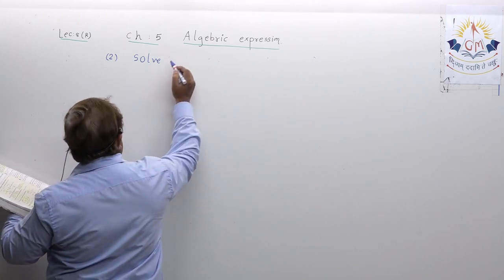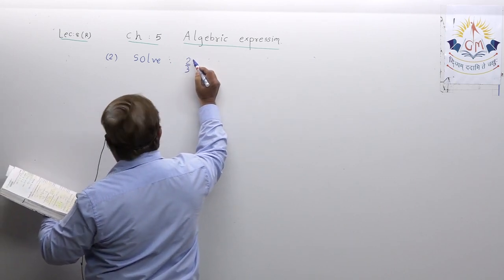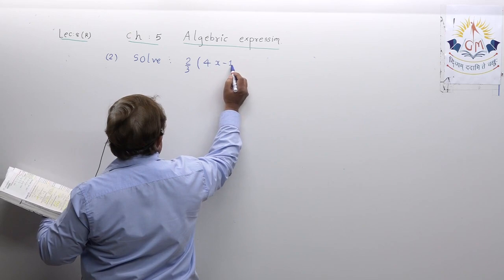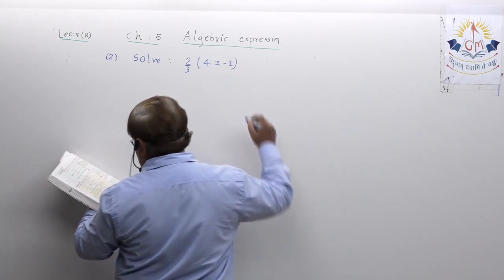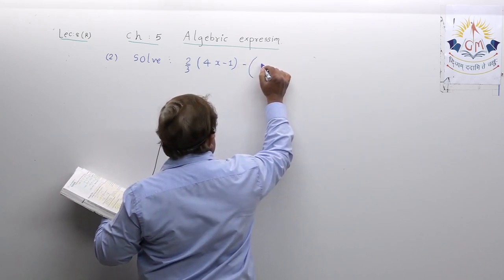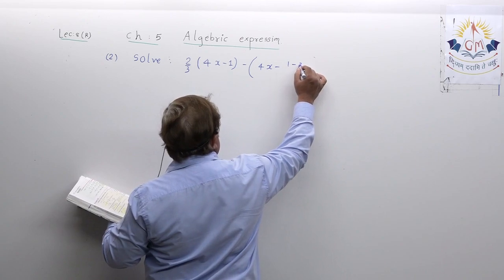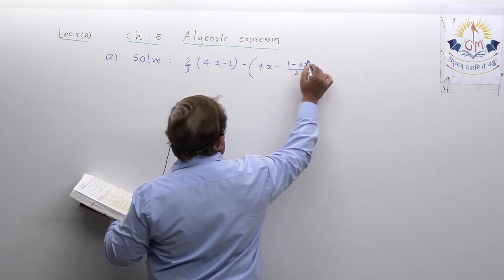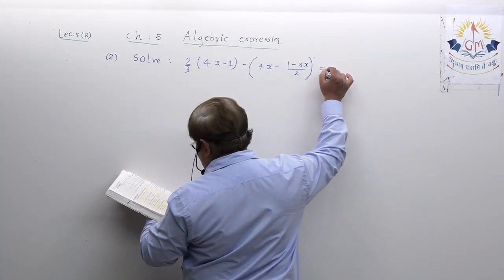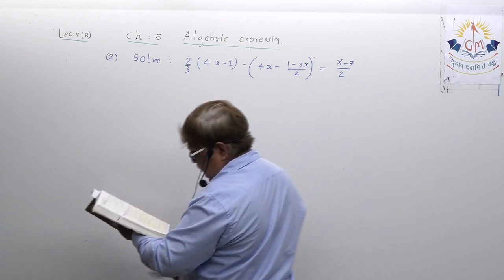Solve 2 upon 3 into bracket 4x minus 1 minus in bracket 4x minus 1 minus 3x upon 2 is equal to x minus 7 upon 2.